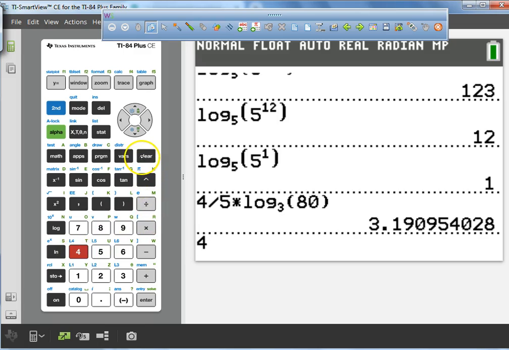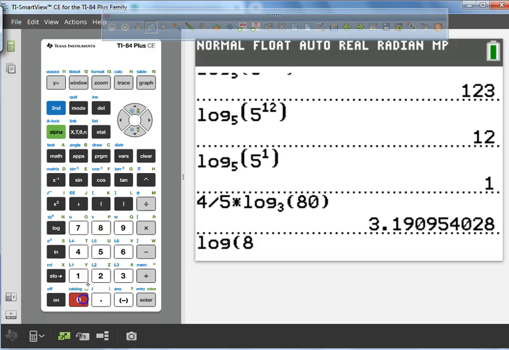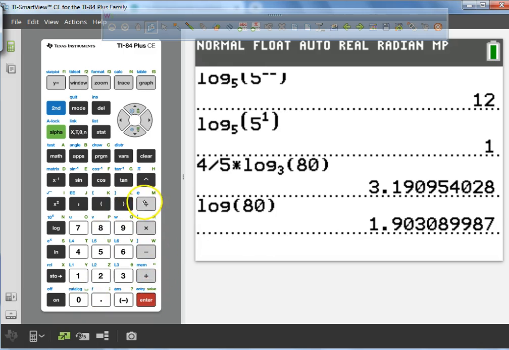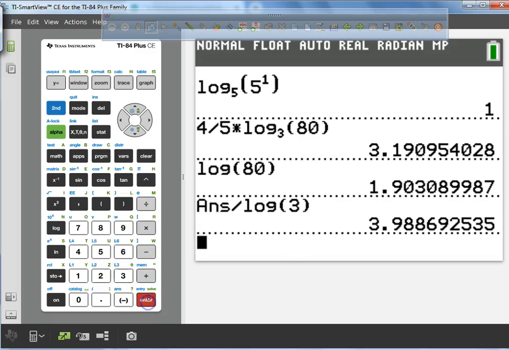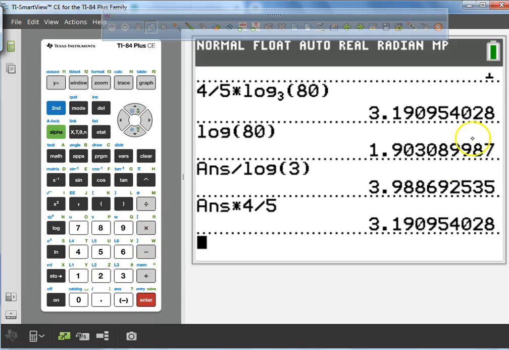Clear this out. I could do the log of 80, press enter, divide that by the log of 3, and then multiply that by 4 divided by 5. You see you got the same answer? That's called the change of base formula.